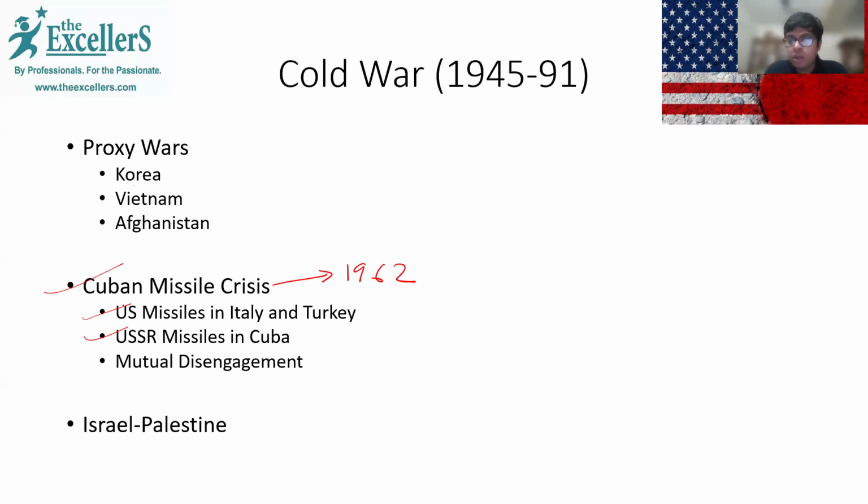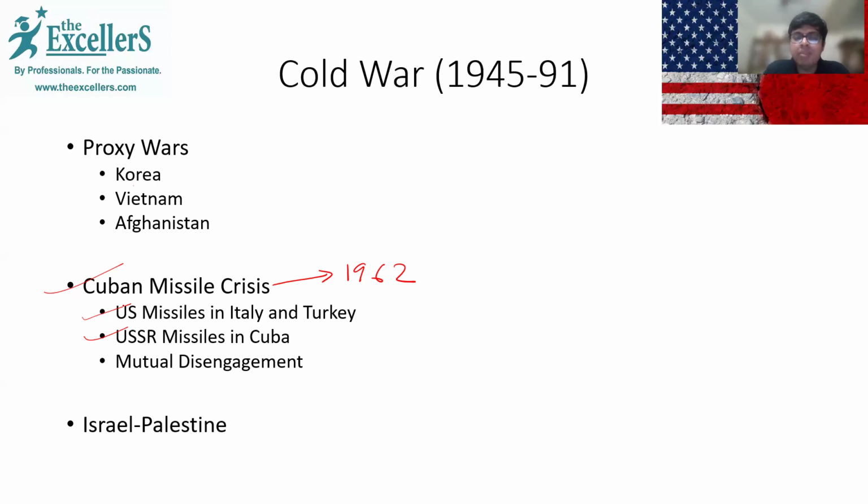So there was a fight going on between these two countries. Nikita Khrushchev of USSR and John F. Kennedy, at the end of the day, within 2 weeks, they decided that they'll mutually disengage. That means US missiles will be withdrawn from Turkey and Italy. In return, USSR will withdraw their missiles from Cuba.